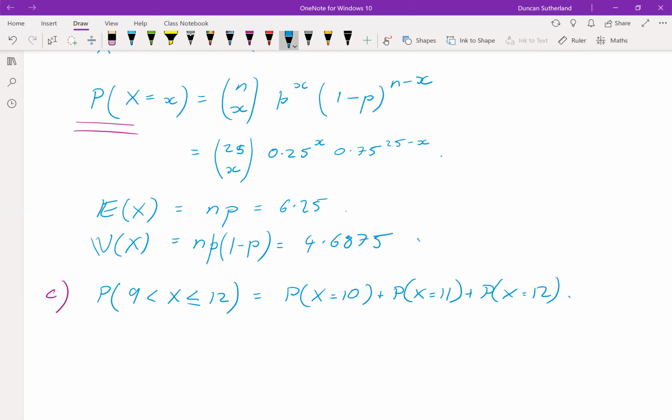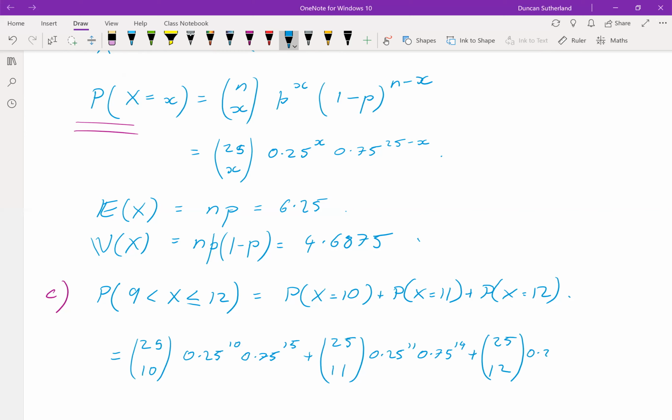So this is now a calculator exercise. I'll just write out what we're actually sticking into our calculator. 25 choose 10, 0.25 to the power of 10, 0.75 to the power of 15, plus 25 choose 11, 0.25 to the power of 11, 0.75 to the power of 14, and 25 choose 12, 0.25 to the power of 12, 0.75 to the power of 13.